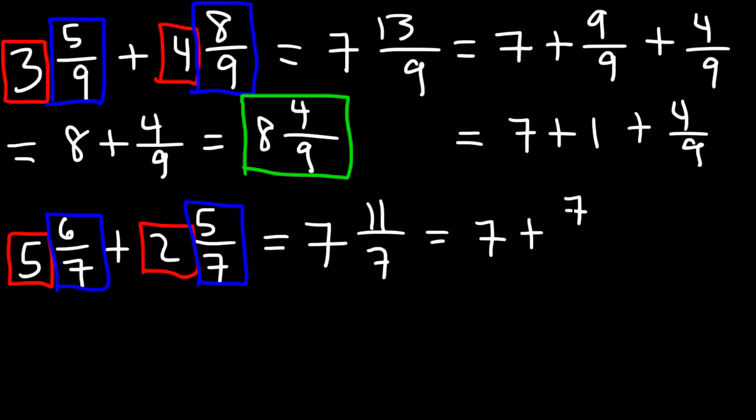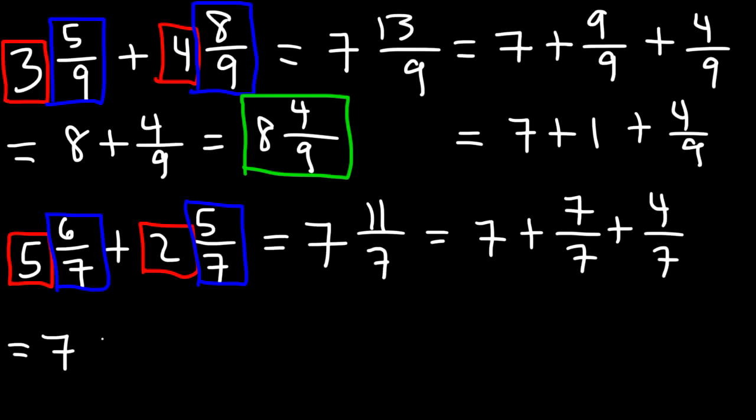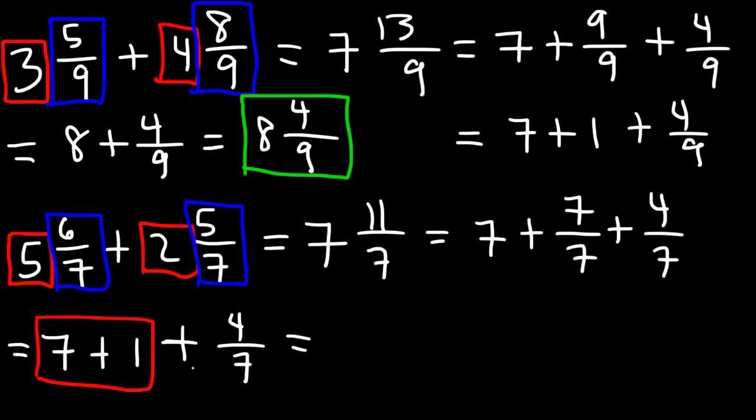We're going to write it as 7 over 7 and 4 over 7. 7 plus 4 is 11. So make sure these two numbers add up to that number. Now 7 divided by 7 is 1. So we have this at this point. So now let's add 7 and 1 together. 7 plus 1 is 8. So we have 8 and 4/7. And that is it.